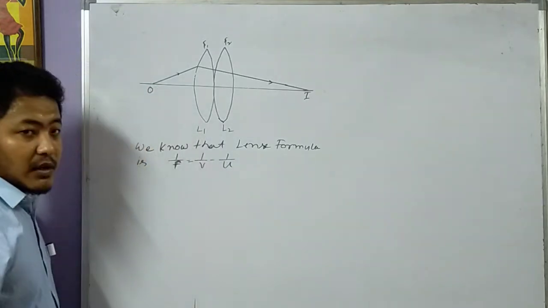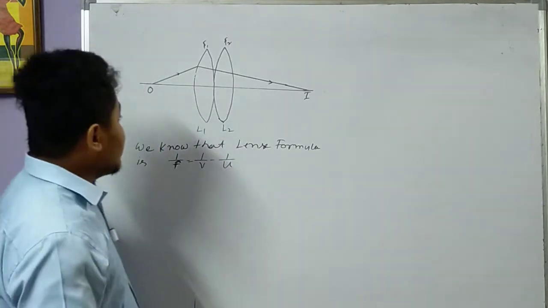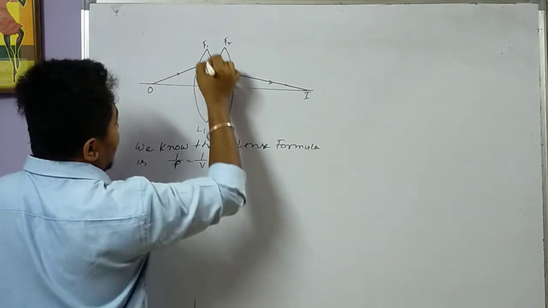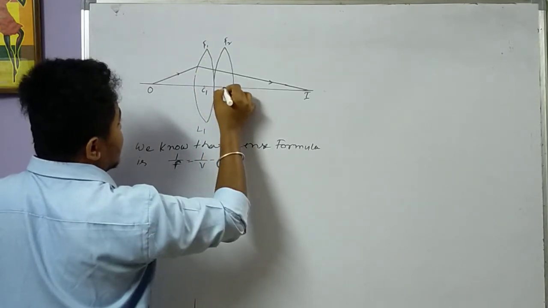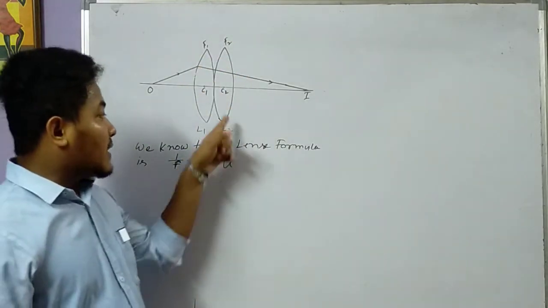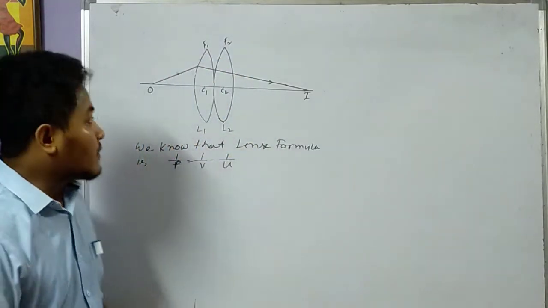Now if I consider this is the optical center for this particular lens, and this is the optical center for the second lens, though I have assumed that lens 2 is not available now.